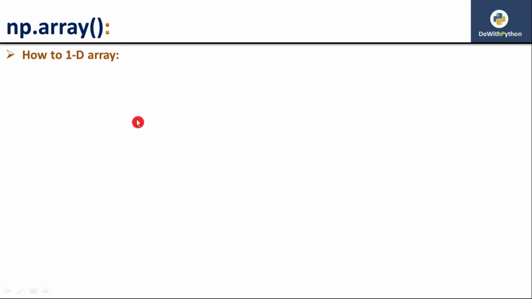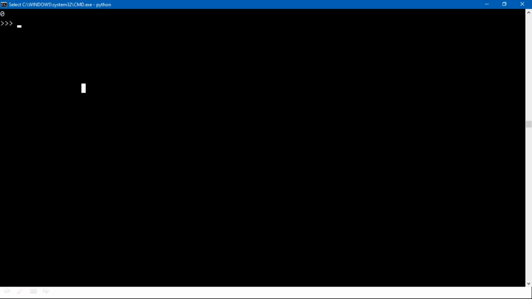In order to create a 1D array, simply use np.array and provide a list. Let me go to my command line and show how you can create a one-dimensional array, or simply a vector. You can take any variable name, but for my comfort I am taking vector, which is nothing but a one-dimensional array. This is my Python shell. Here I import NumPy, aliasing the name as np.